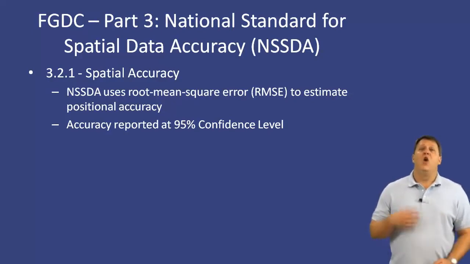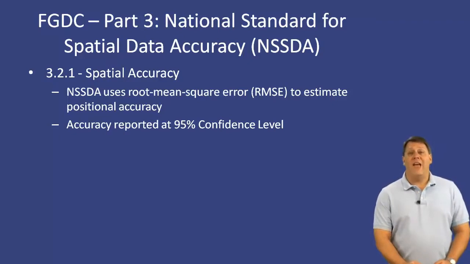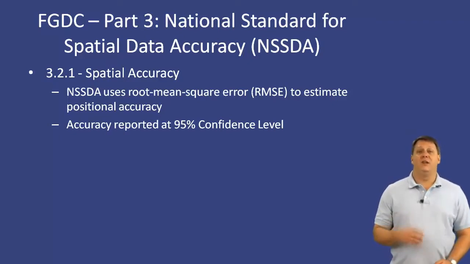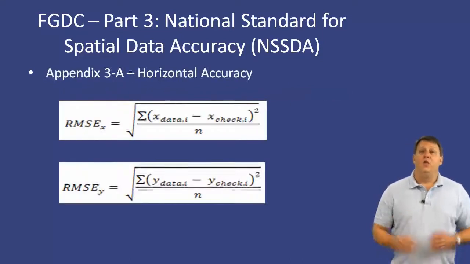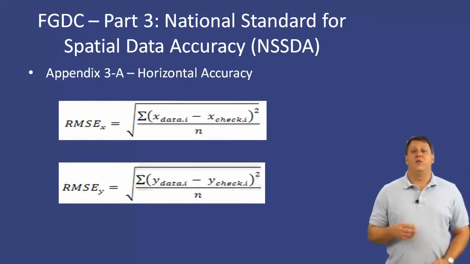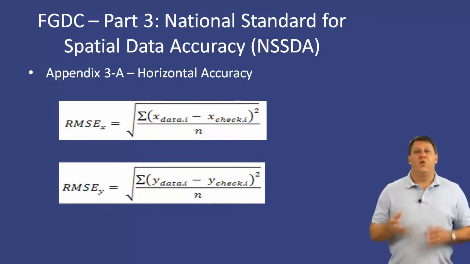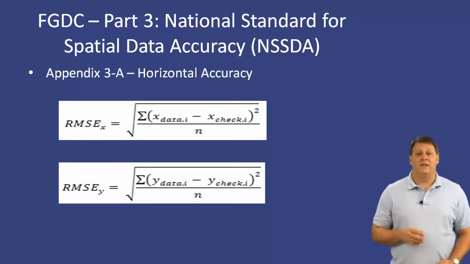To do this, we need to go to Appendix A, which is on page 3-10. This is where we get the formulas for computing positional accuracy. To compute horizontal positional accuracy, we're first going to need to compute the root mean square error both in the X and Y axis.